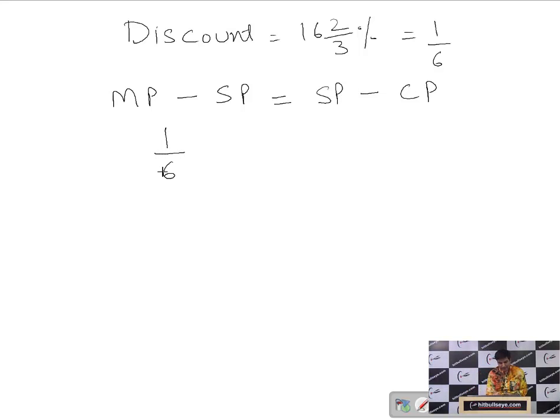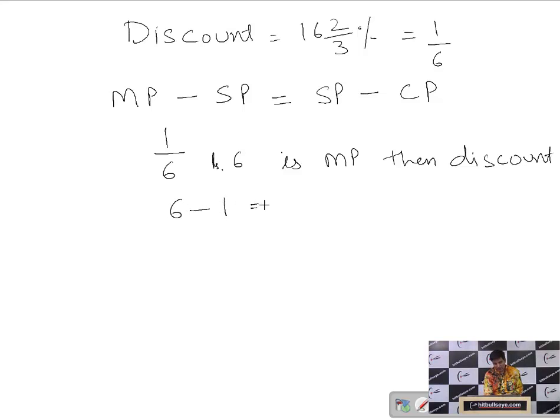It means if 6 rupees is marked price, then discount is rupee 1. So that is what we mean by 1/6 is discount. So if 6 is the mark price, discount is 1, then 5 is the selling price, final selling price.